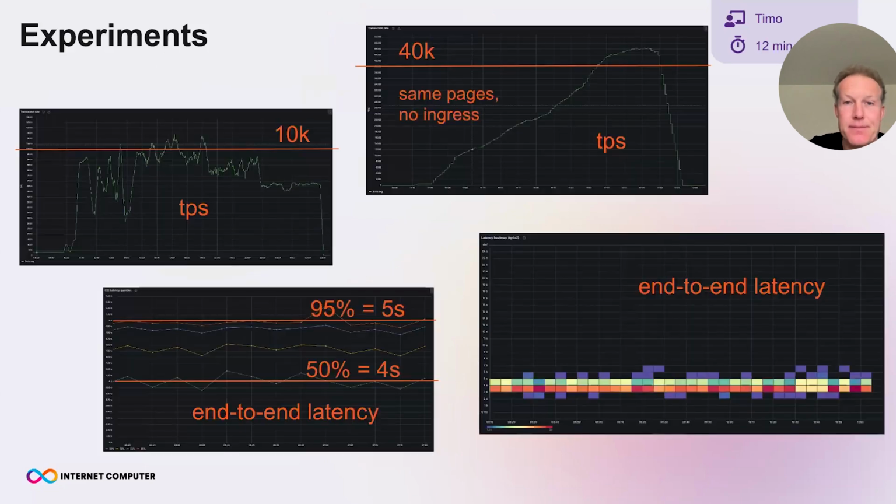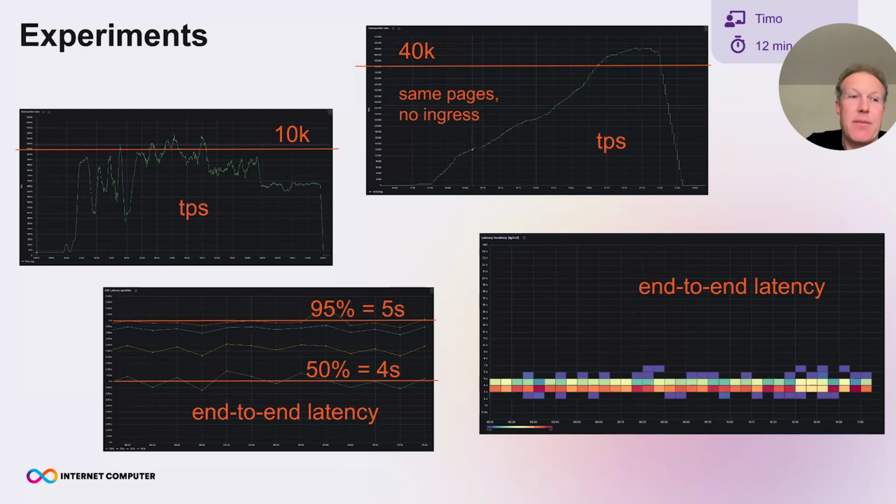We've done a lot of experiments where we actually reach 10K, more or less sustained, or get close to it. We've also done experiments where we remove certain bottlenecks. So, for example, artificially bypass the ingress bottleneck and craft the transactions so that we hit the same WASM pages all the time.